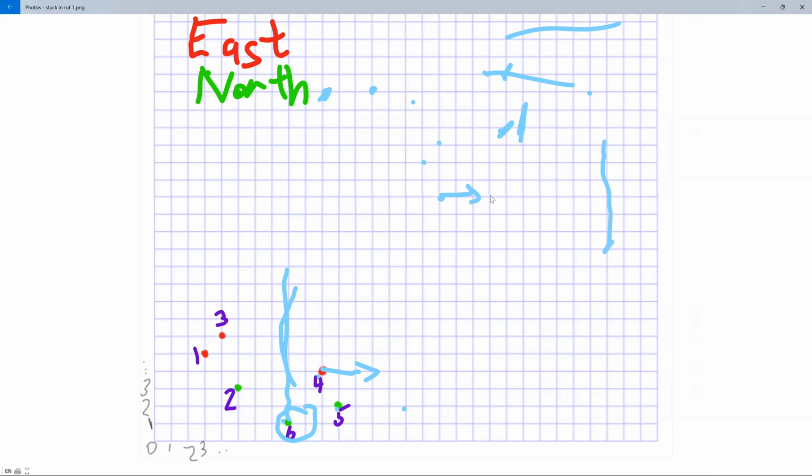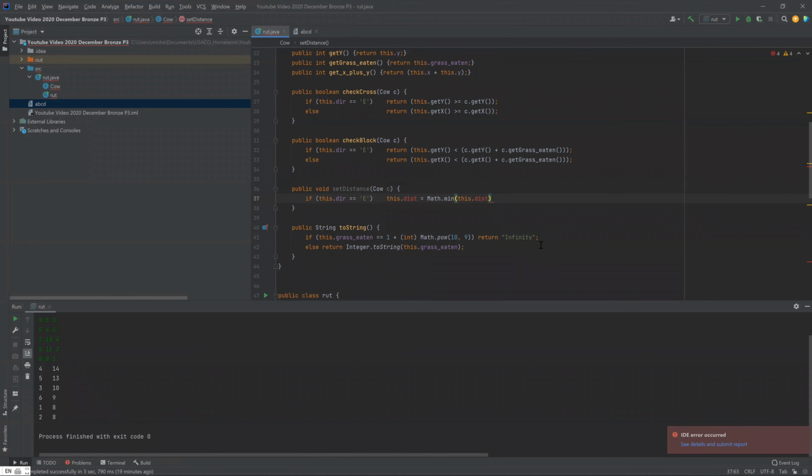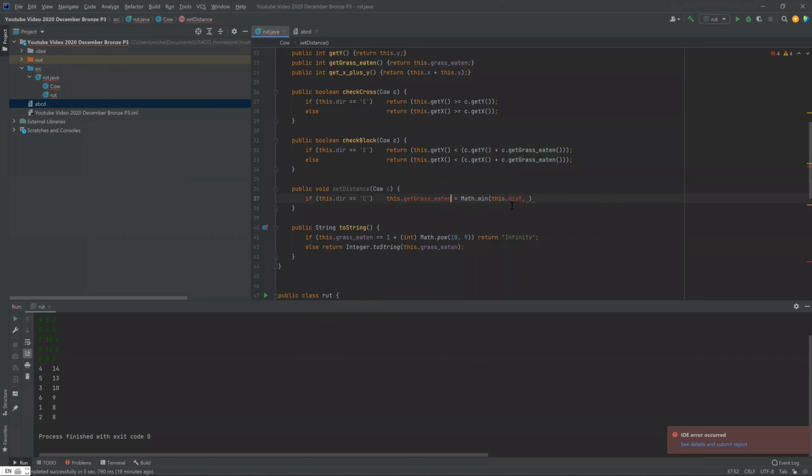Okay, then I might be blocked by some other cow, but it will be equal to the minimum of my distance and their distance, and this distance from their y coordinate minus my y coordinate. So this distance, the minimum of distance, not distance, it's grass region.